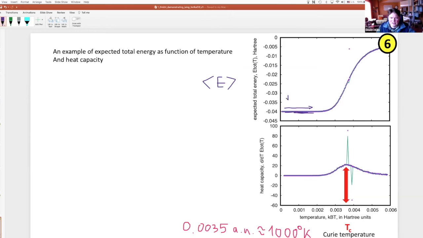Before thermal energy is sufficient to flip at least one spin, it doesn't change. So at some energy we have spins up and maybe one down. And as we go further and further, we approach the total number of spins up and spin down being equal, and the energy will approach 0 plus a correction from the magnetic field.